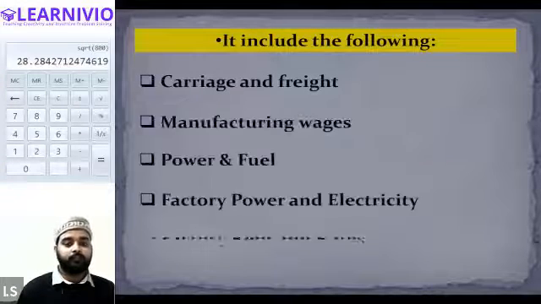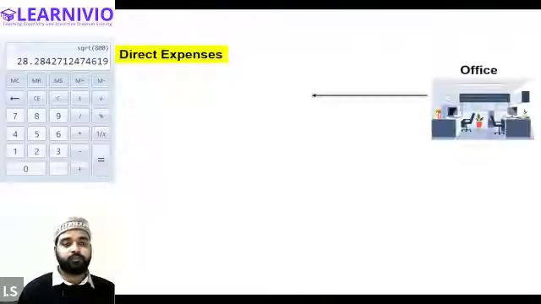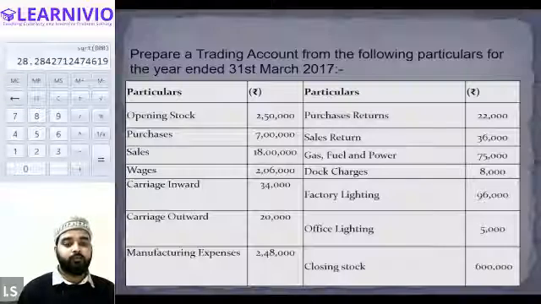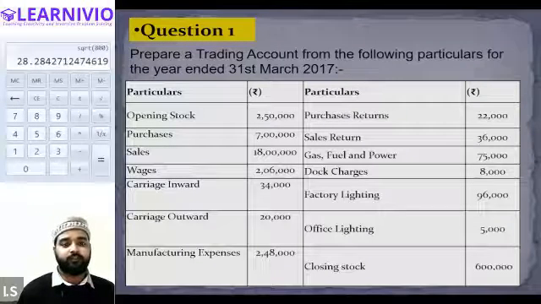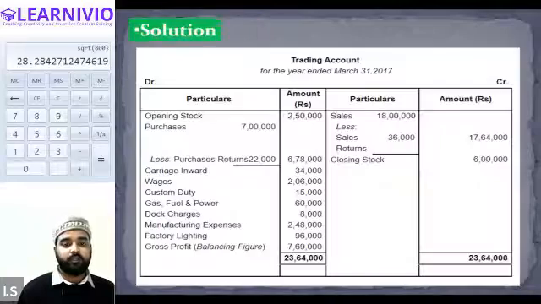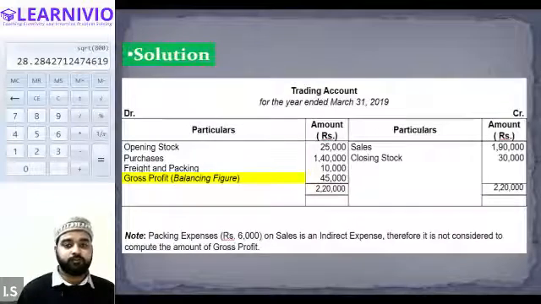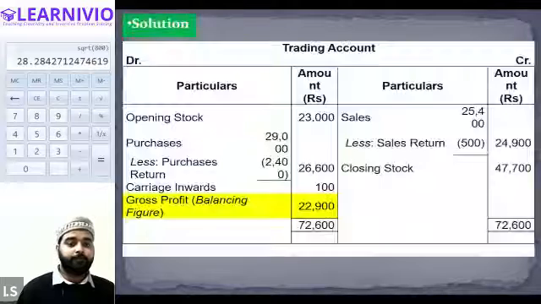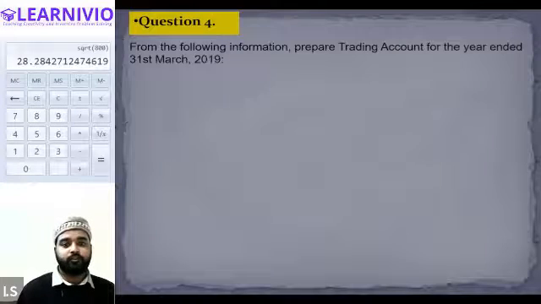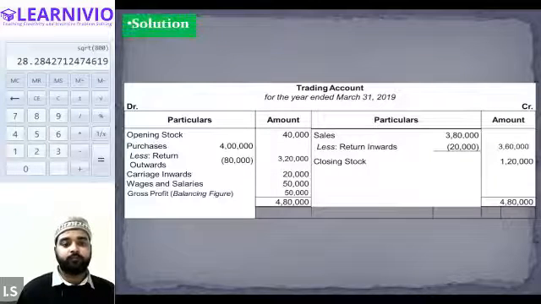Then we started doing a few questions based on the trading account. So this is the question. I think we have done this in the class. Then these questions were also discussed in the previous session. I think I gave you one question for your homework, right, Halima?